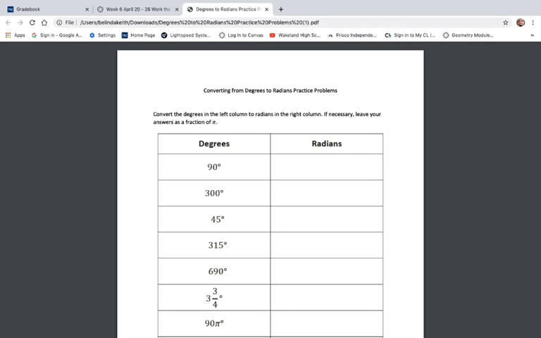I want you to remember that 180 degrees is the same thing as pi radians. So if you're going to convert degrees to radians, you can multiply times pi over 180. That way you're canceling out those degrees and you'll be left with radians.